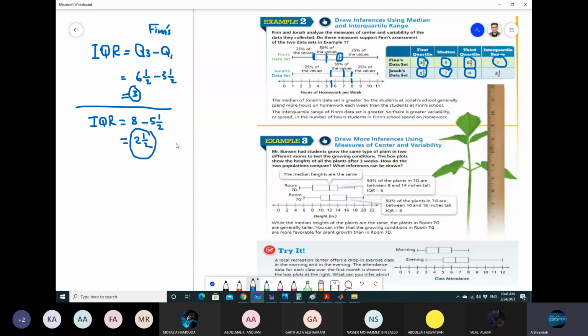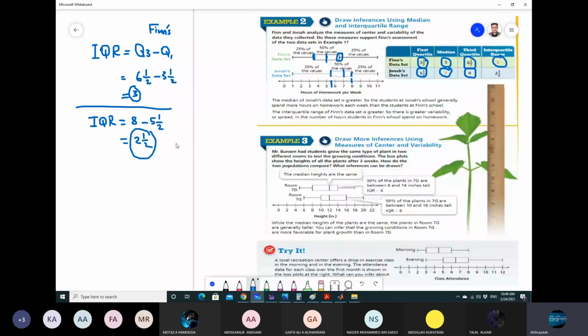So there is a great variability, or spread, in the number of hours students in Finn's school spend on homework. So you can use box plots to find the interquartile range, to find the median, and then you can use the measures that you found to compare between data sets.